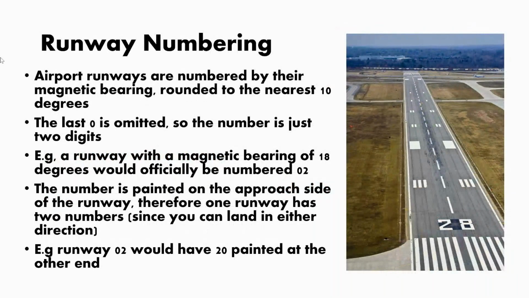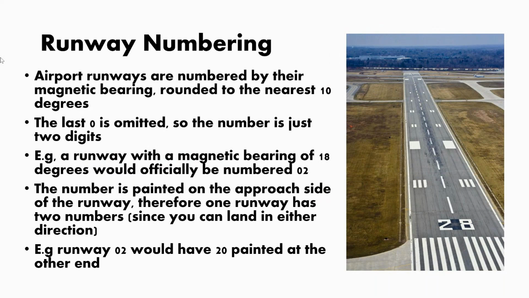Okay, so now let's talk about runway numbering, which you might have wondered about in the past. Airport runways are numbered by their magnetic bearing rounded to the nearest 10 degrees. What that means is they're numbered by the direction that they're pointing into.